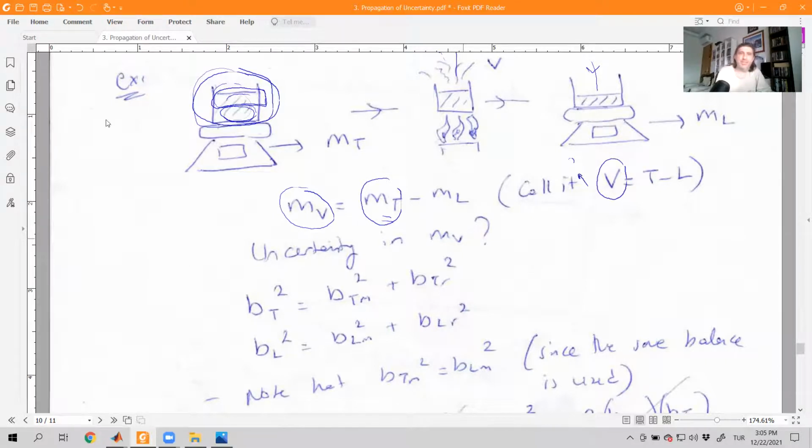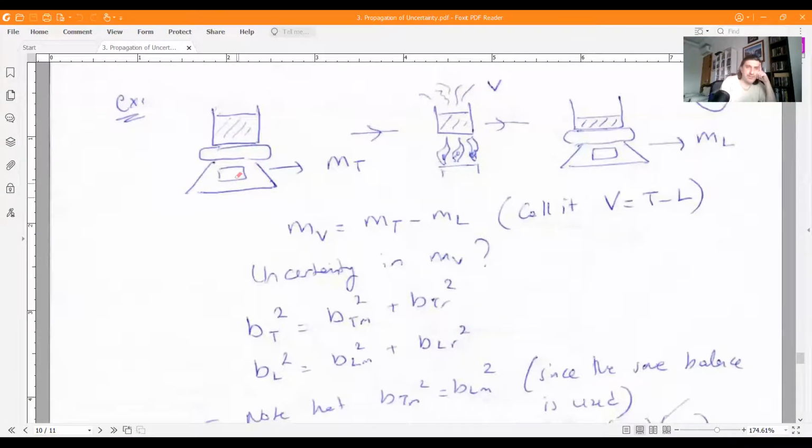You can say that we here find the mass, right? M total and M liquid here. Relating to that M total, due to the limited significant number of figures, we have a resolution. And then due to the manufacturing, there's going to be bias coming from the manufacturing.